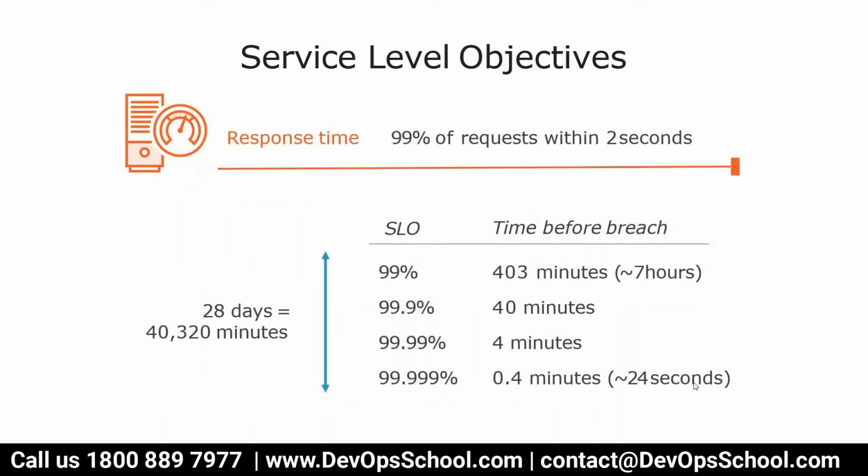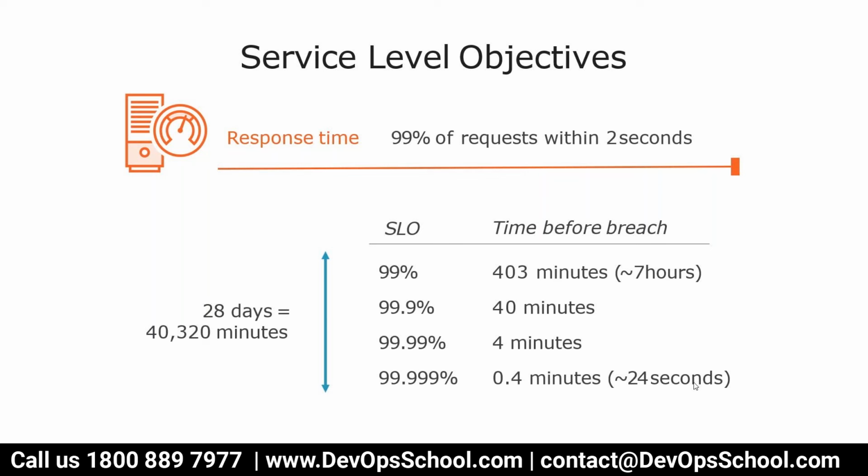Now this is an interesting slide, and I want all of you to focus on this. Let's say your SLO is 99% of requests within 2 seconds, and if you have some error in your application, how much time will you have in a month to fix those issues?